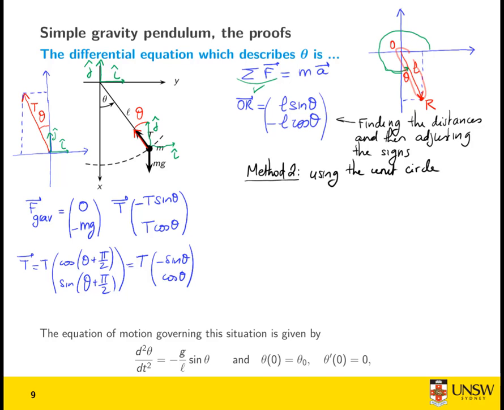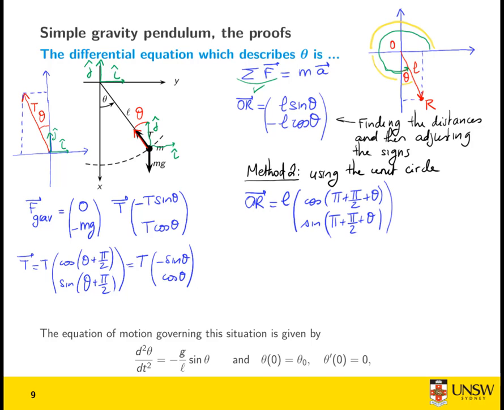Since this distance is L, your position will be equal to L times a unit vector. The coordinates of this unit vector are cosine and sine of the angle between the positive x-axis and your vector when you rotate in the positive direction. And this angle is going to be pi plus pi on 2 plus theta.